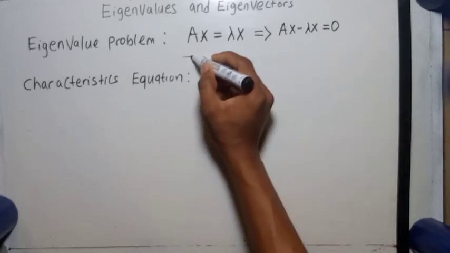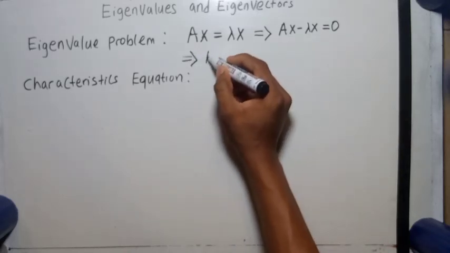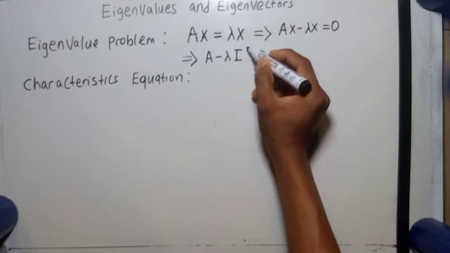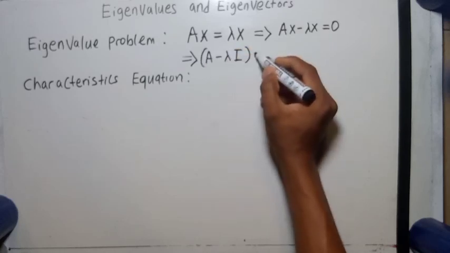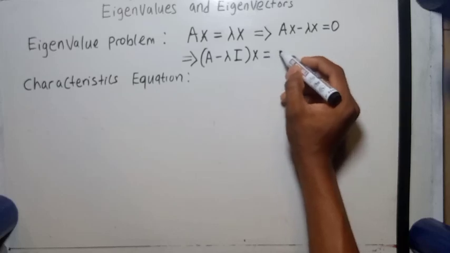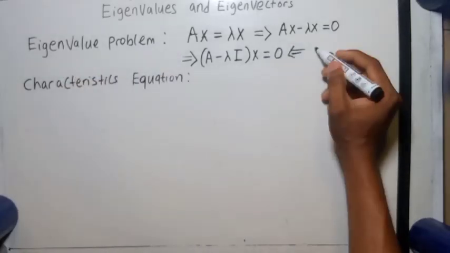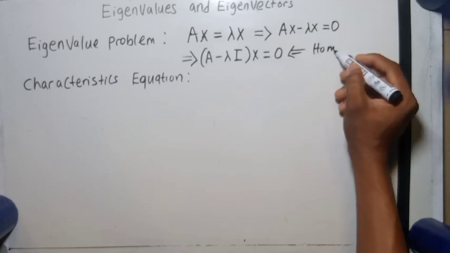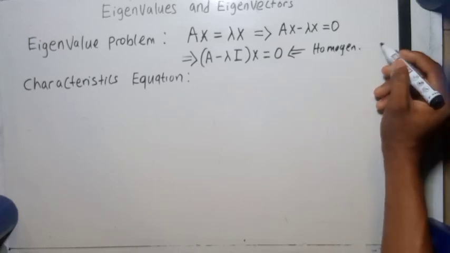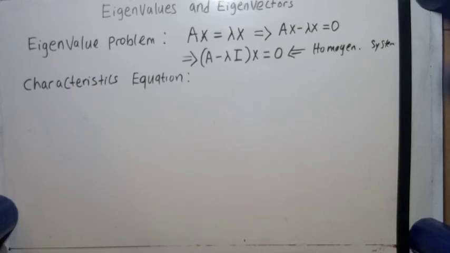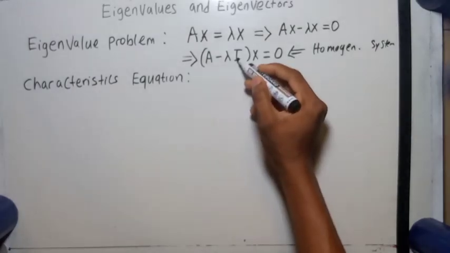When we do that, we have that our A minus lambda I, all multiplied by our x, is equal to what? 0. So this tells us that our eigenvector problem is a homogeneous system. It's a homogeneous system.